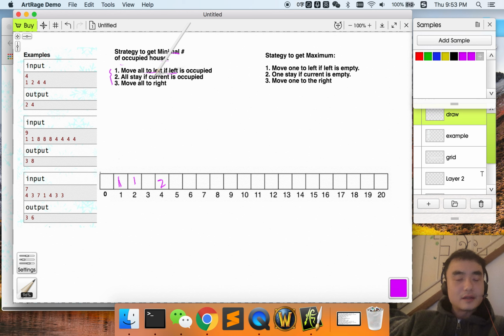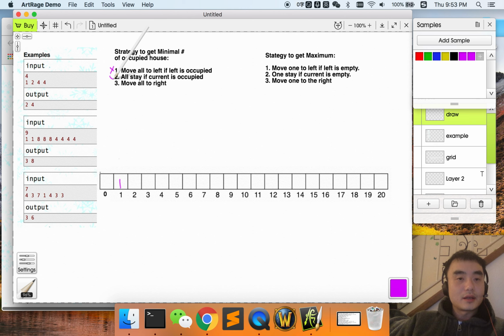So the strategy to get the minimal number of occupied houses is to first find out if the left house is occupied. In this case, its left house is not occupied, so we cannot use this strategy.